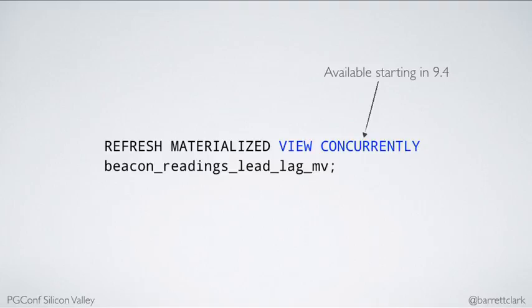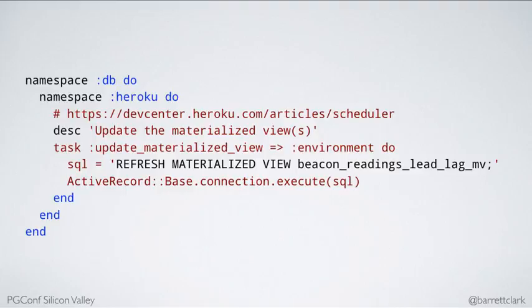It will still lock on individual records, obviously, but you can be selecting against the materialized view while it's updating. And we can put this in a rake task in a Ruby application and run it on cron, or if we're using Heroku, we can use the Heroku scheduler, update it every 10 minutes. Bob's your uncle.